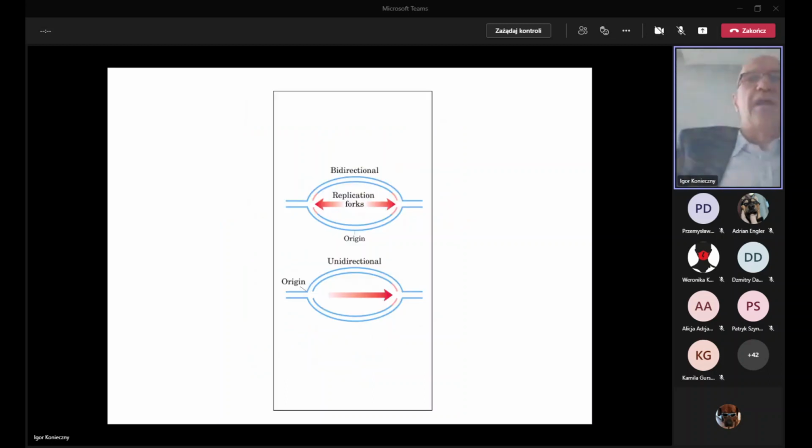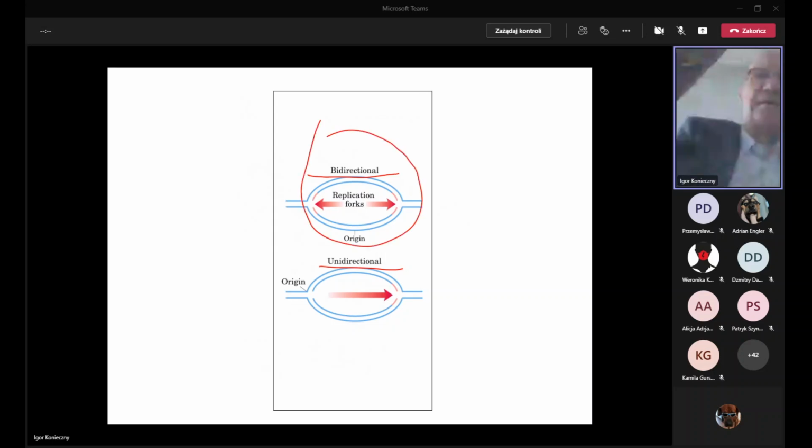DNA. You can also look at this model. If the DNA replication is bidirectional or unidirectional, you have these kinds of structures. So it's going to be a replication bubble, and the replication origin in here.